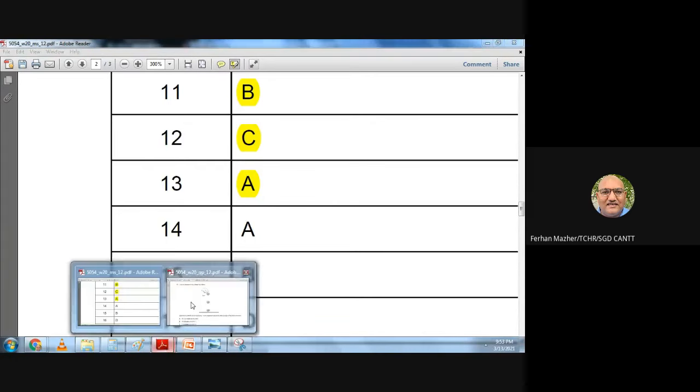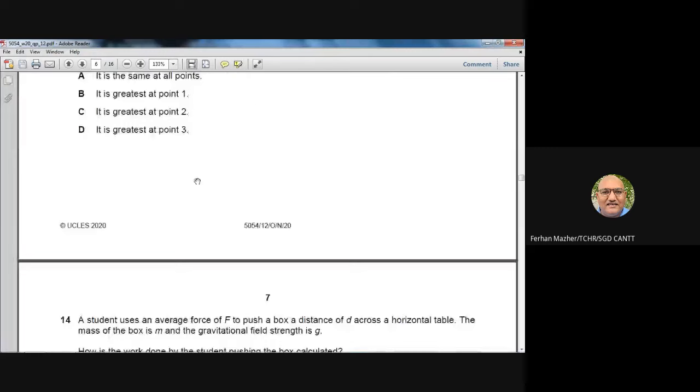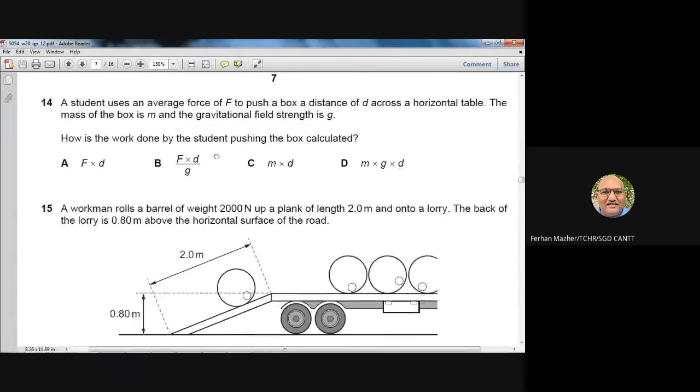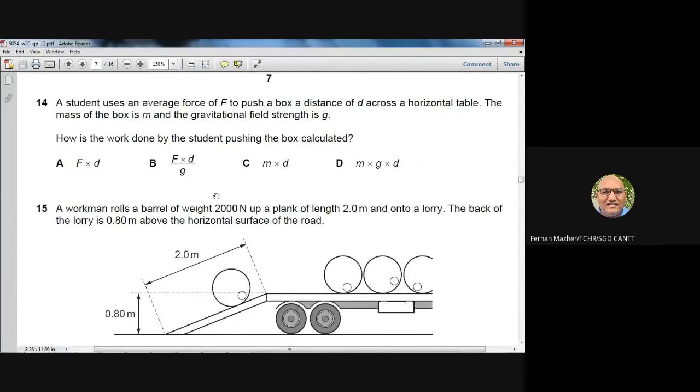Okay, let's move to the next question. A student uses an average force of F to push a box a distance of D across a horizontal table. The mass of the box is M and the gravitational field strength is G. How is the work done by the student pushing the box calculated?